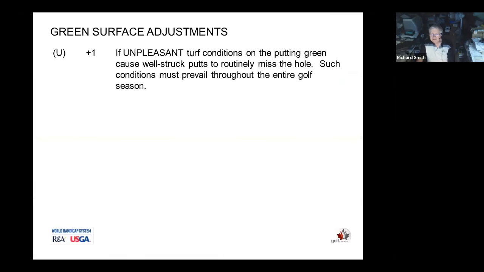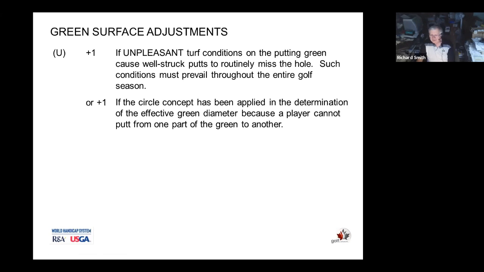Possible adjustments: unpleasant turf conditions. If there's bare spots or rough spots on the green surface, and they look like they're there for the long haul, not just something that's in the process of being resodded or something like that, we could put a U+1 adjustment on.